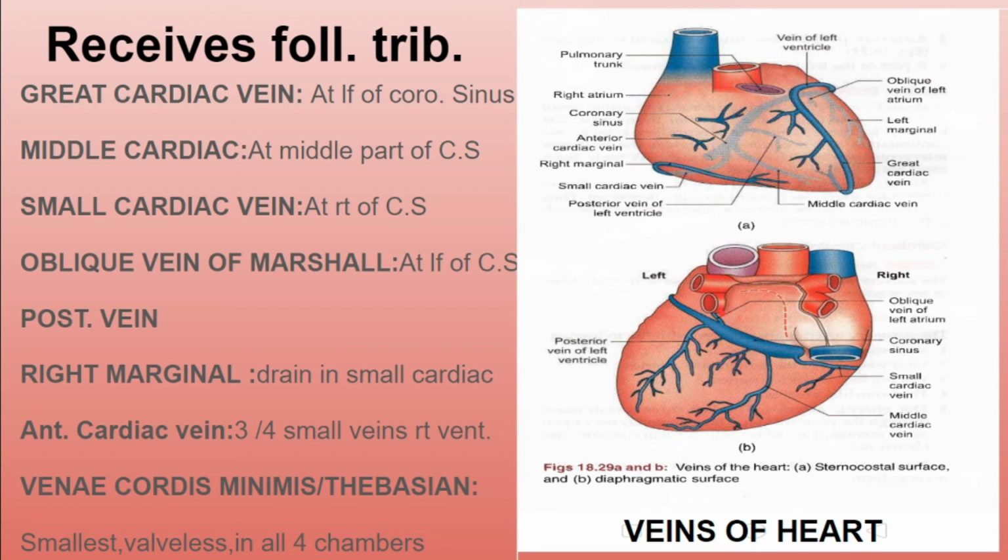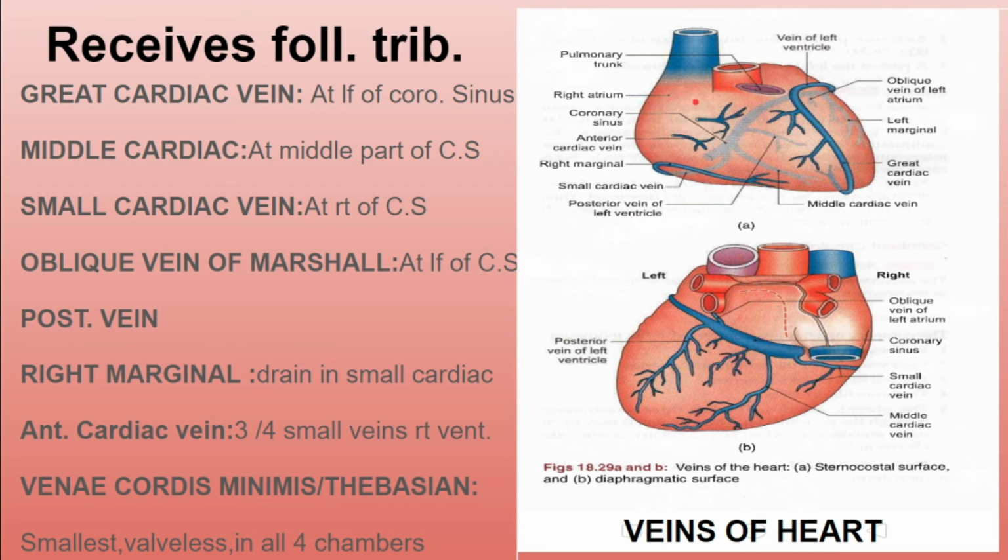Now the right marginal vein. The right marginal vein accompanies the marginal branch of the right coronary artery. There is a branch called the marginal branch of the right coronary artery, so the right marginal vein accompanies the marginal artery. It may either drain into the small cardiac vein, as I told you before, or may directly open into the right atrium.